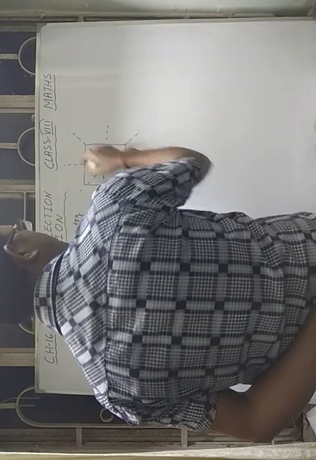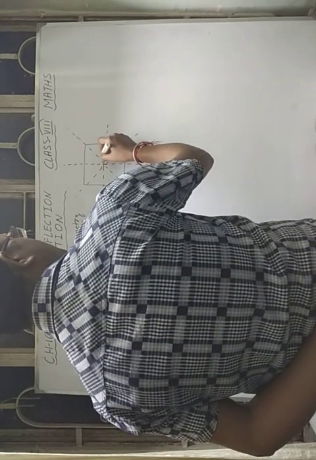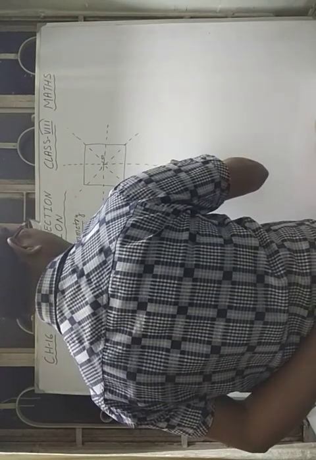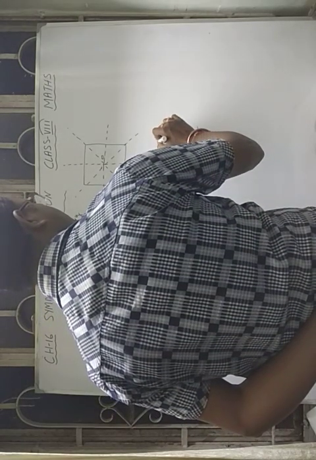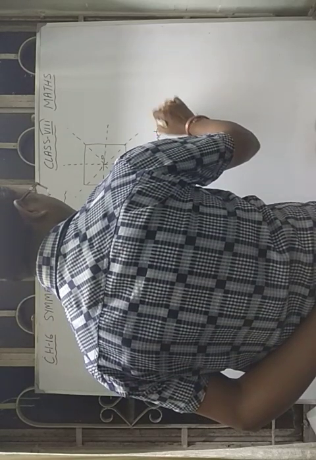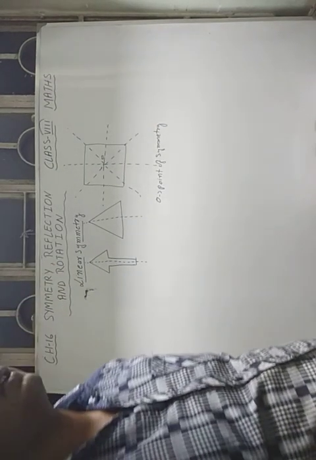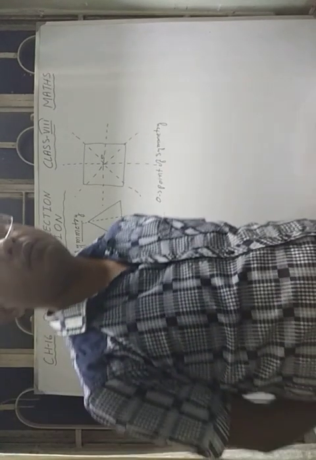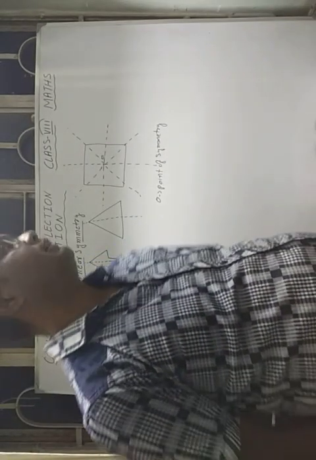The point at which these symmetric lines coincide with each other, this point O, is called the point of symmetry. Different figures have different numbers of lines of symmetry, and if the lines of symmetry are more than one, the point of intersection of the lines of symmetry is called the point of symmetry.